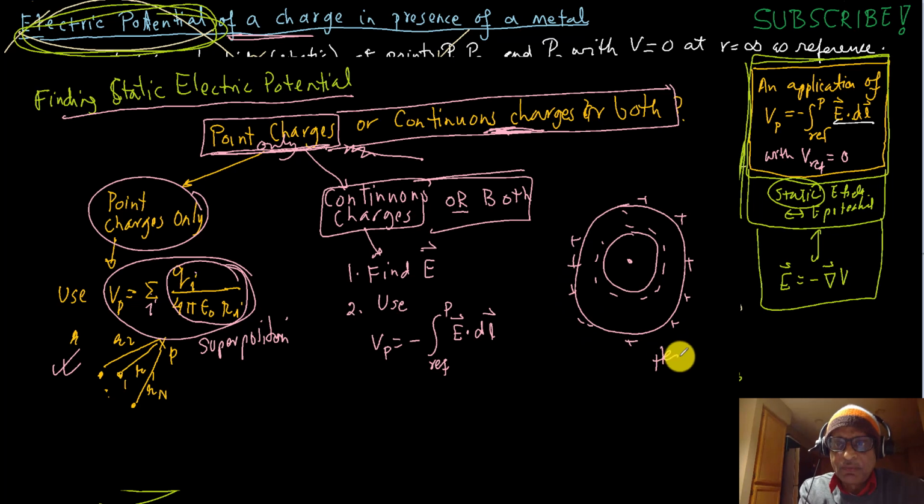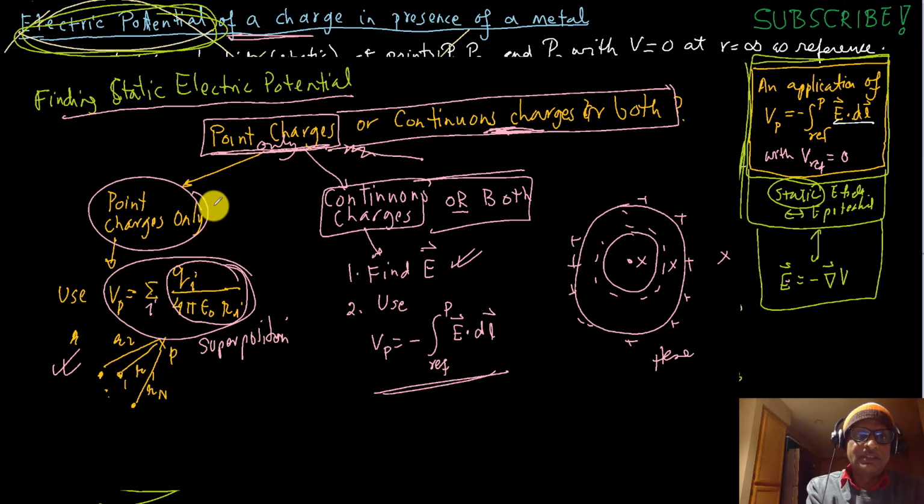This is the example we did, and in here you really have to do this, because you need to come from infinity and find electric field here, electric field here, electric field here. So you find electric field in different domains if necessary, and then use this integral in different domains like we did here. And all of this is only for the static electric field.